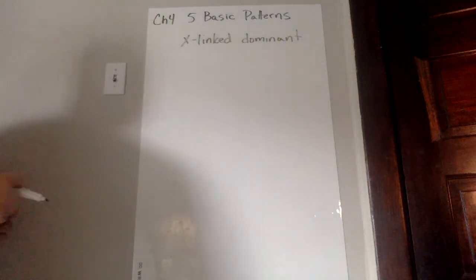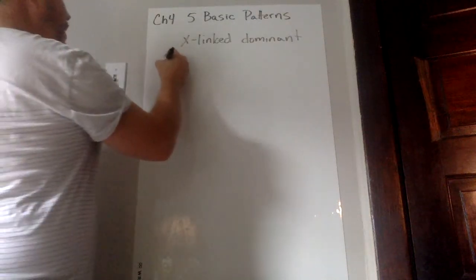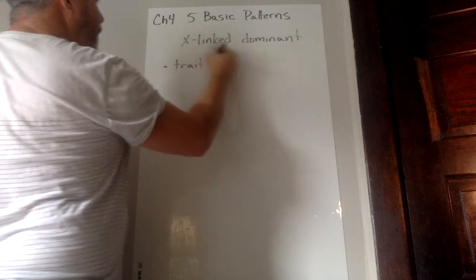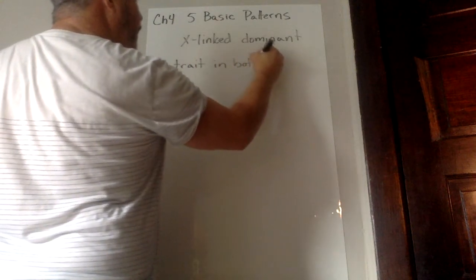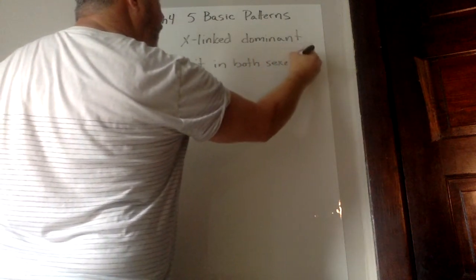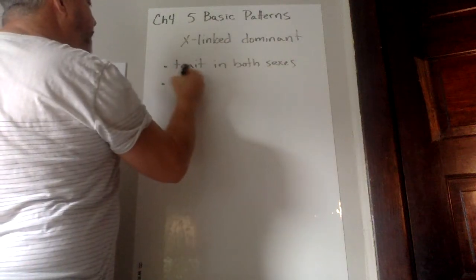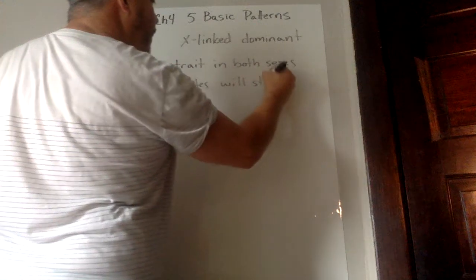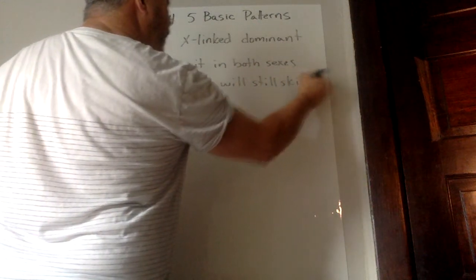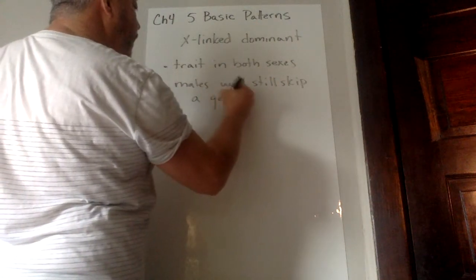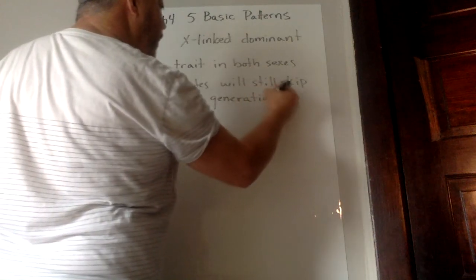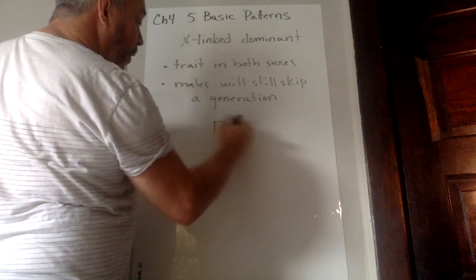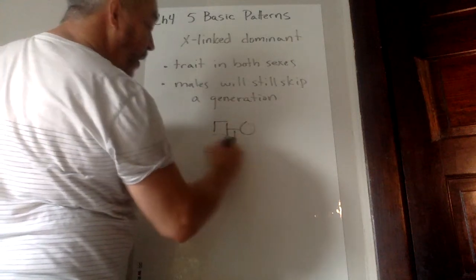If you are X-linked dominant, we're going to see the trait in both sexes. However, males will still skip a generation. So in this case, we draw a pedigree here.